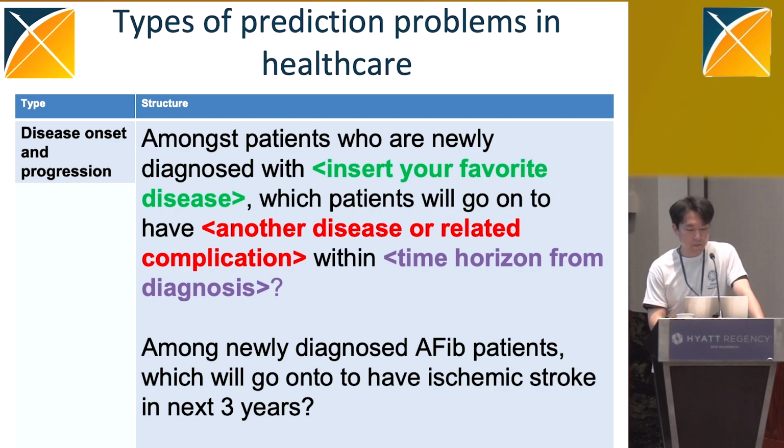For example, among newly diagnosed atrial fibrillation patients, which ones will go on to have an ischemic stroke in the next 3 years? As we saw in the example before.